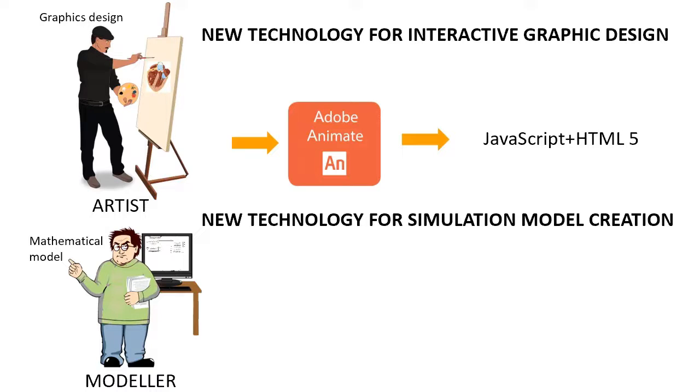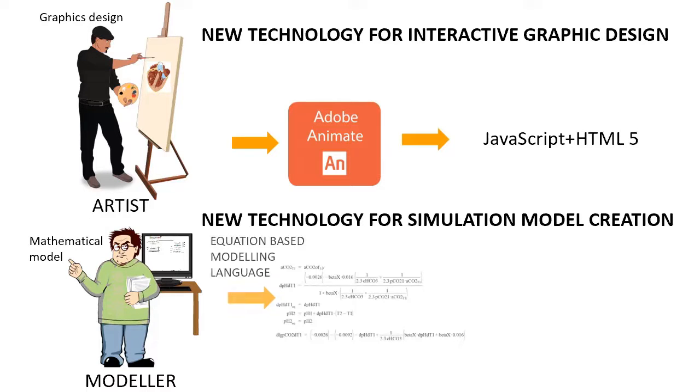The modeler creates mathematical models using an equation-based modeling language. Equation-based languages allow us to describe a model using a set of equations. Finding the algorithm of their solution is the task of the compiler.